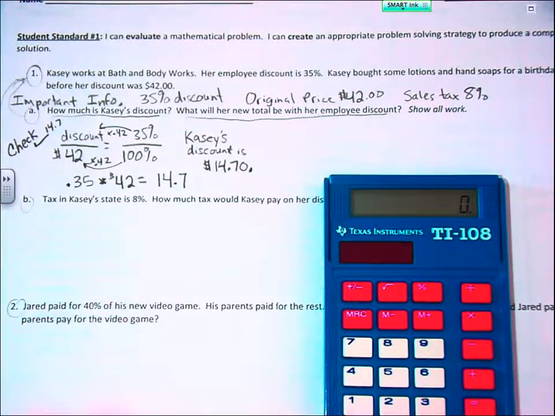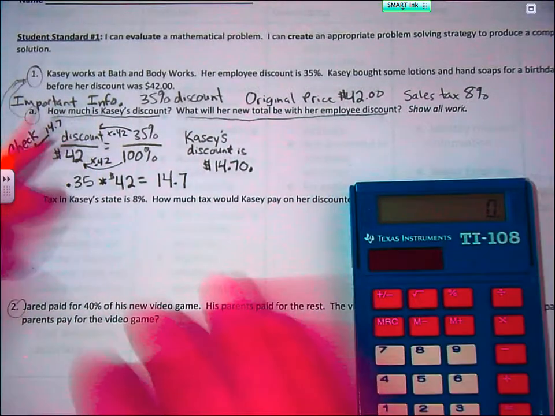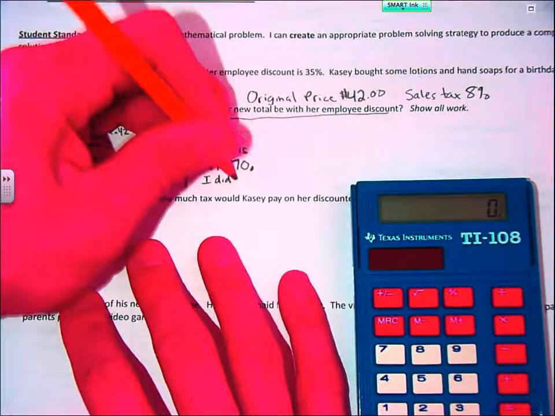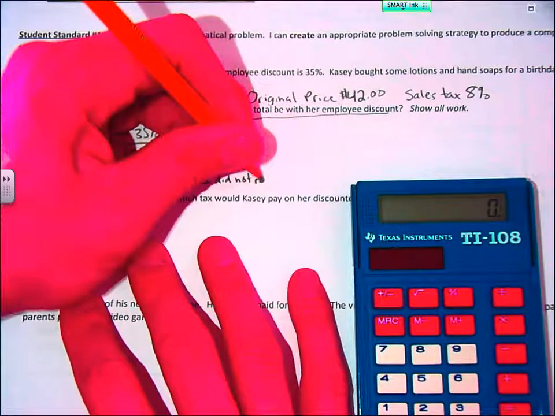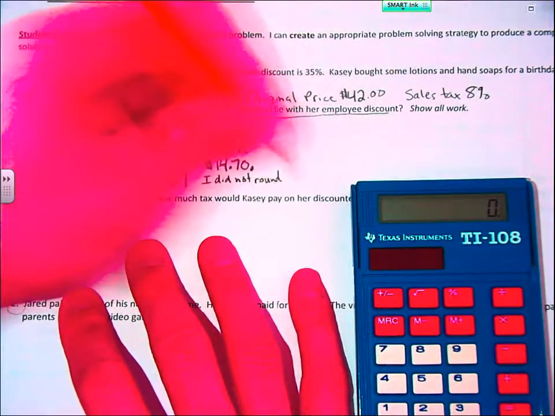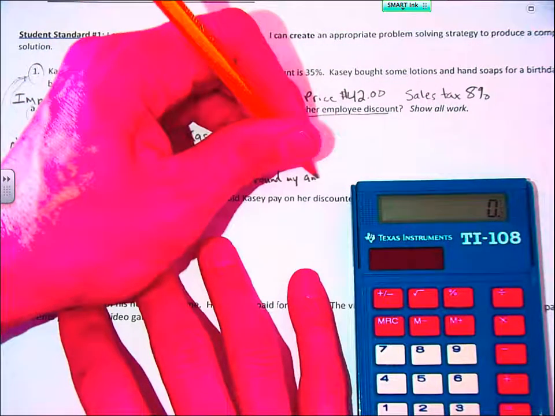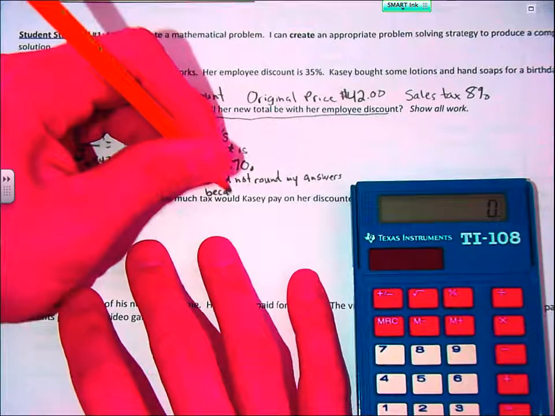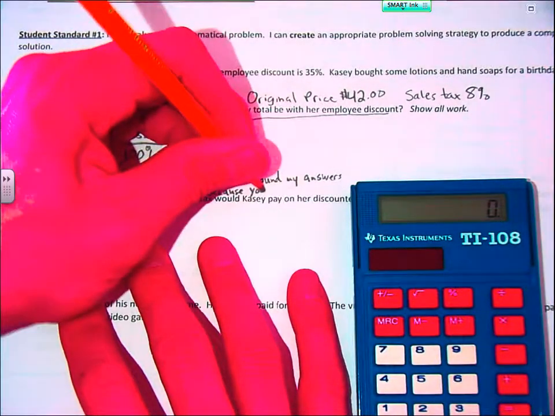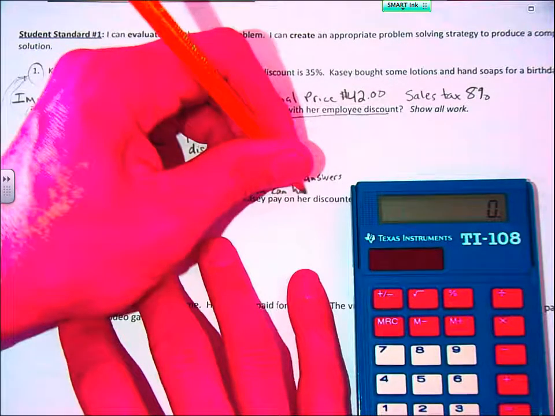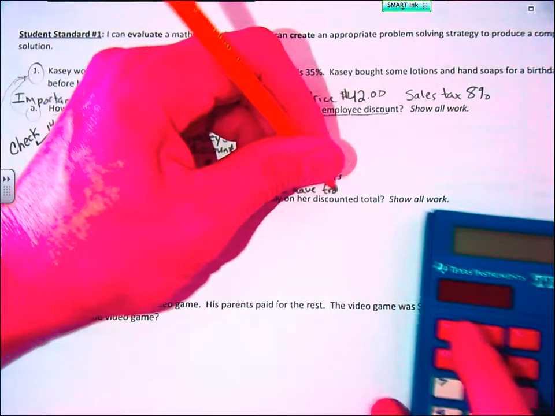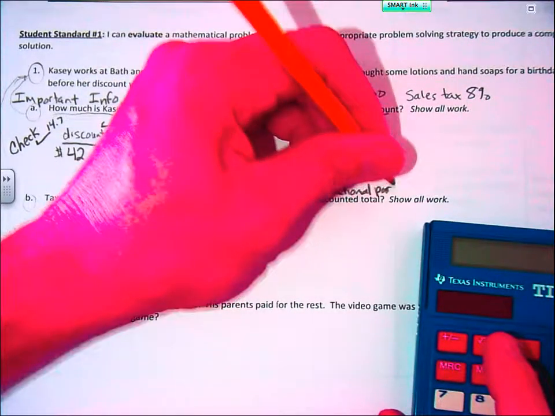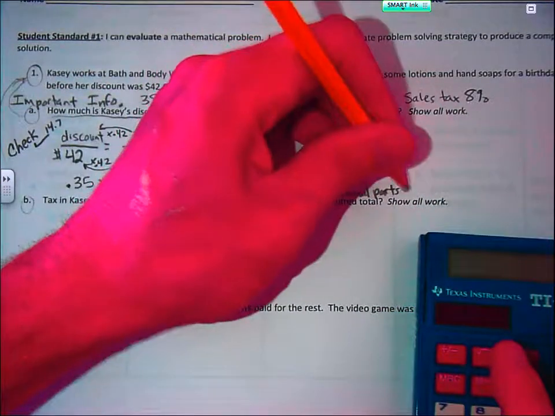In the same part, I'm going to say I did not round my answers because you can have fractional parts of money.